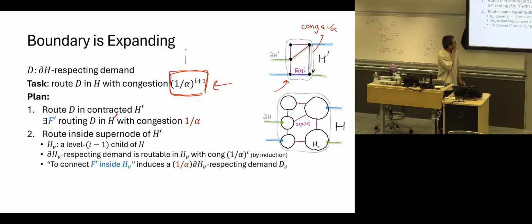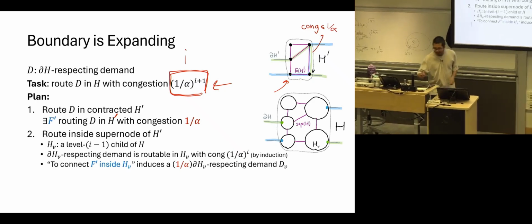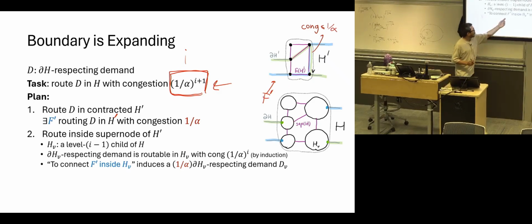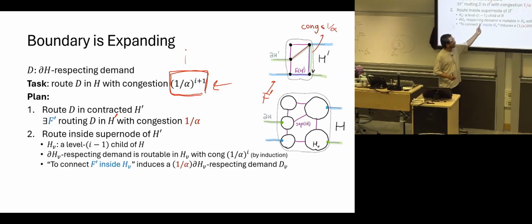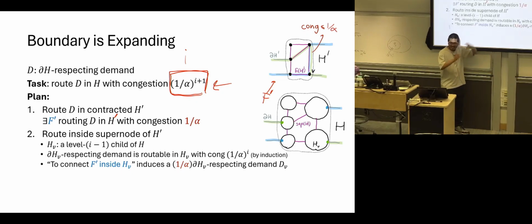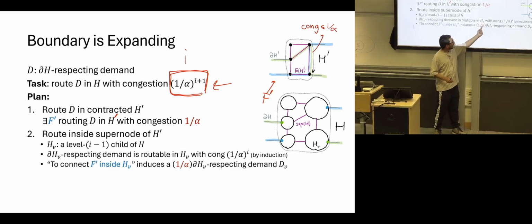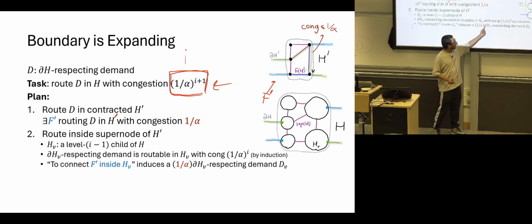But now, when you look at this F prime, the flow in H prime, to connect the flow in the contracted graph inside each supernode, this demand to connect the flow inside the supernode is actually 1 over alpha times the boundary of HV respecting demand.